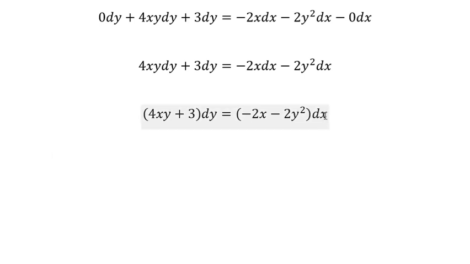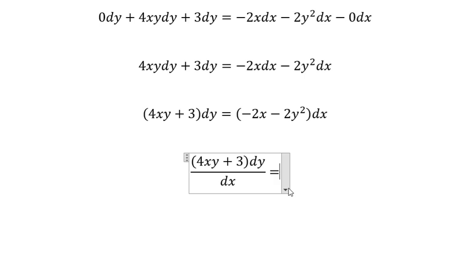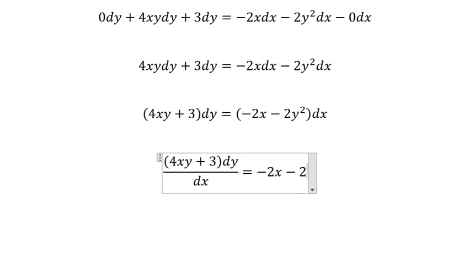So we'll move this dx beneath the dy. They are going to be dividing. So this is 4xy plus 3 times dy over dx. And this will be equal to minus 2x minus 2y squared.